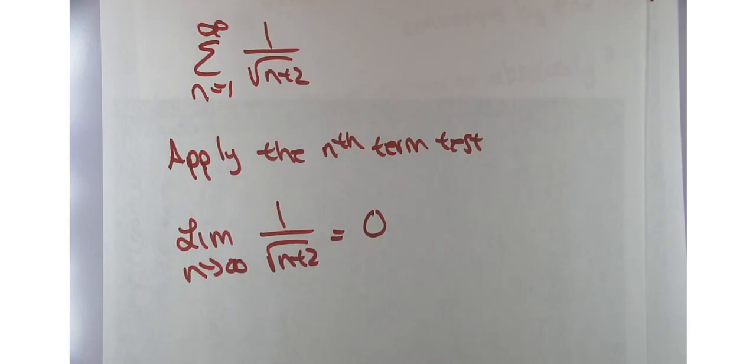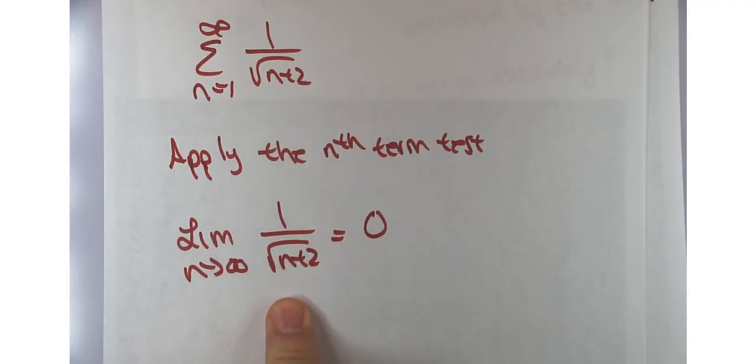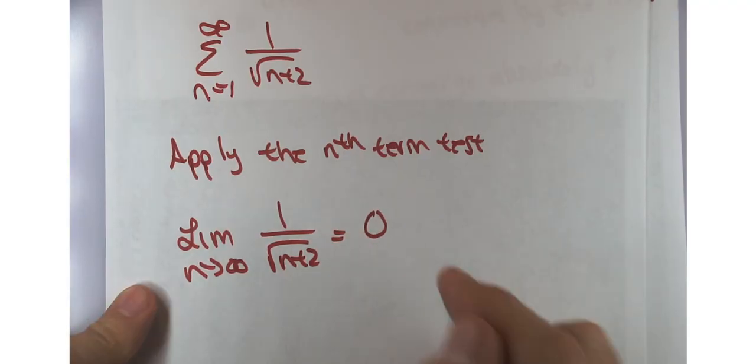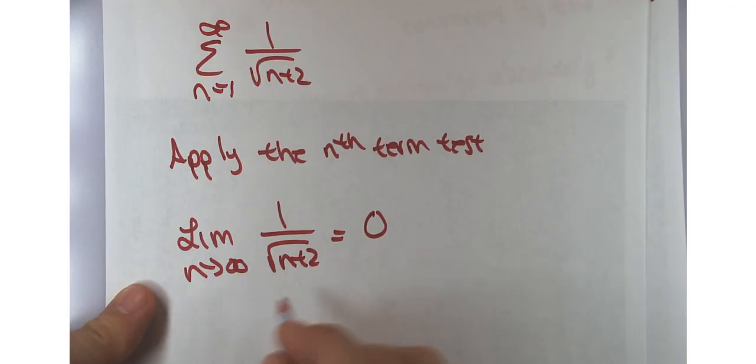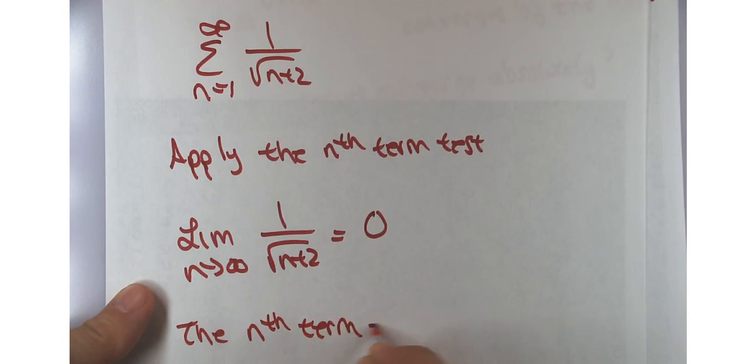Inconclusive. Remember, the nth term test doesn't have a conclusion if the limit is 0. If the limit is not 0, it says it diverges. But if the limit is 0, it's inconclusive. So the nth term test is inconclusive here.